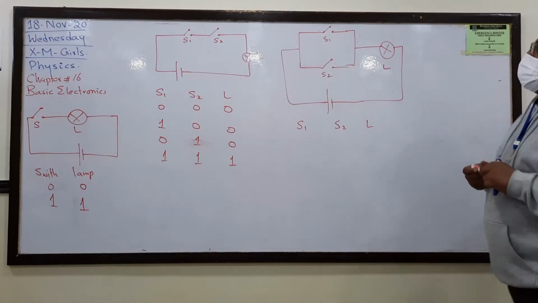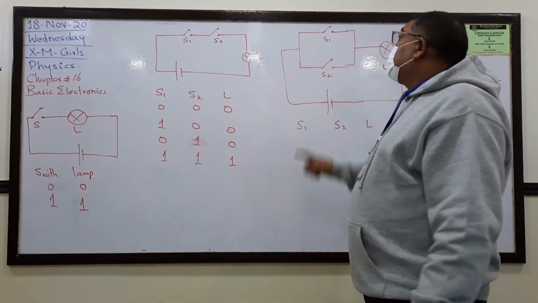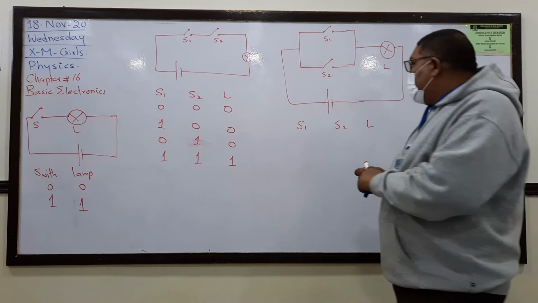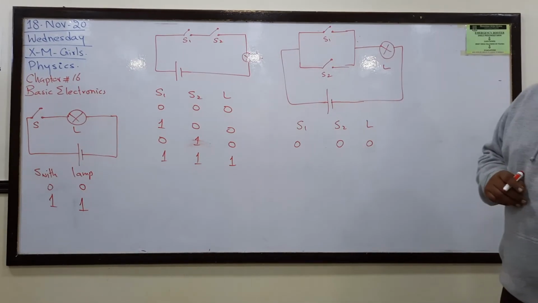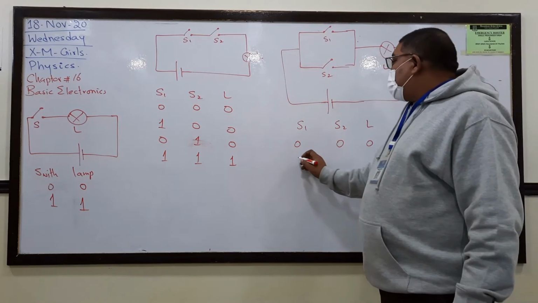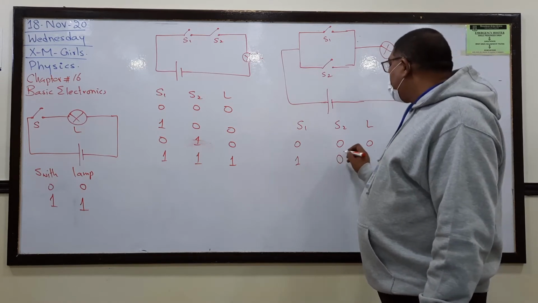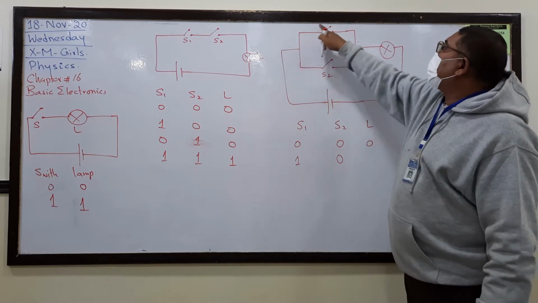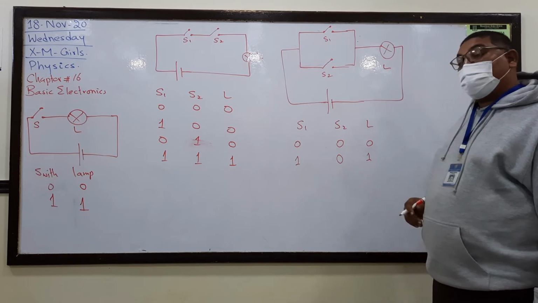Now, if both are open, the current cannot reach the lamp. So the lamp will be off. Okay. If I close this one, but I keep S2 open, see what will happen. If I close this one, the path of the current will be completed and the lamp will be switched on.